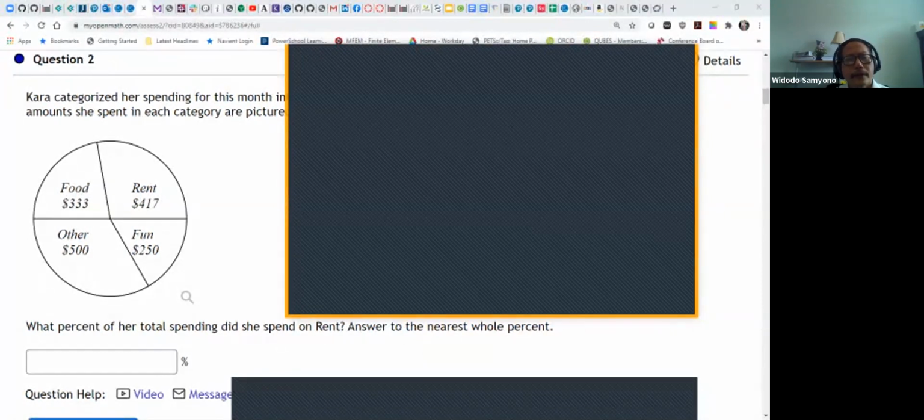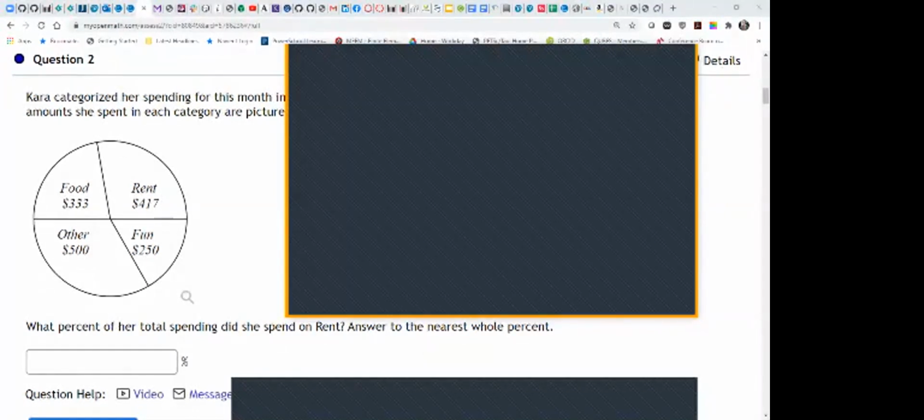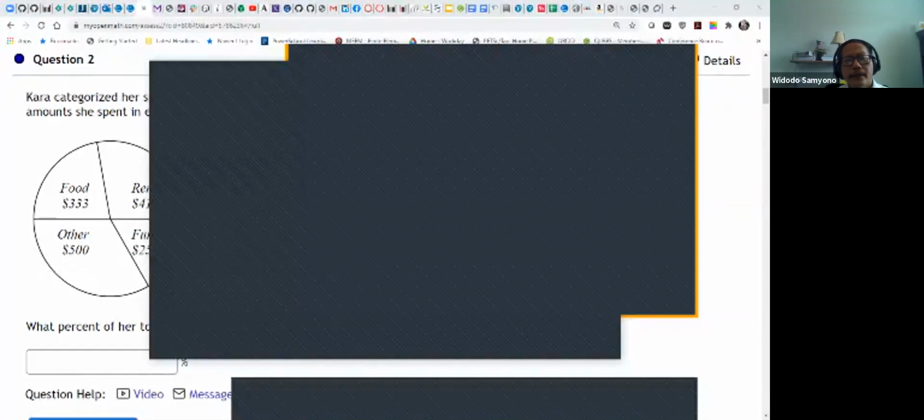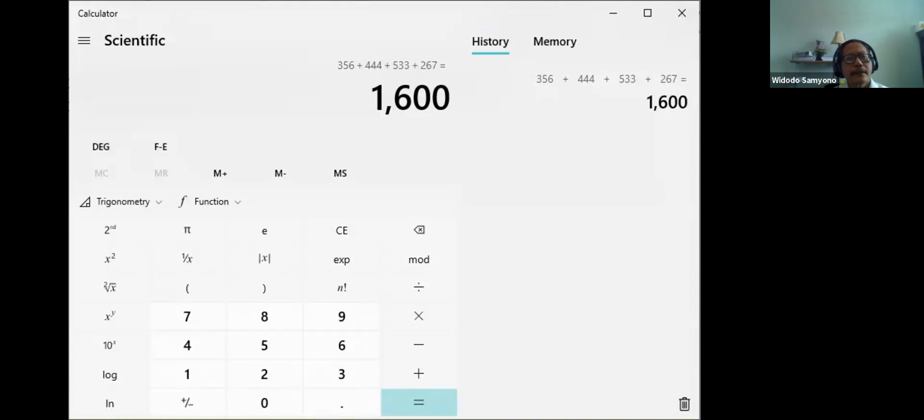Hello? No. Oh, you cannot see my calculator? Okay, let me share my calculator just so you can see. I don't know why I cannot share all of the screen here. Okay, so this is my calculator, right?